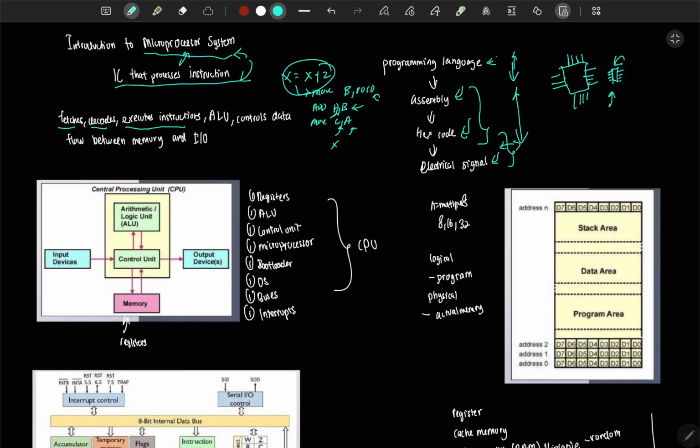So this is what programming by a human looks like, and this is what it does in the assembly language.